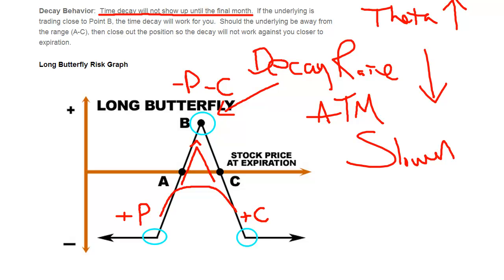The reason is because of volatility. Remember, with your option pricing model, the volatility is the strongest factor in that pricing model. As volatility drops, you can actually move all the way up to the top of the butterfly really fast. You don't have to be at expiration.